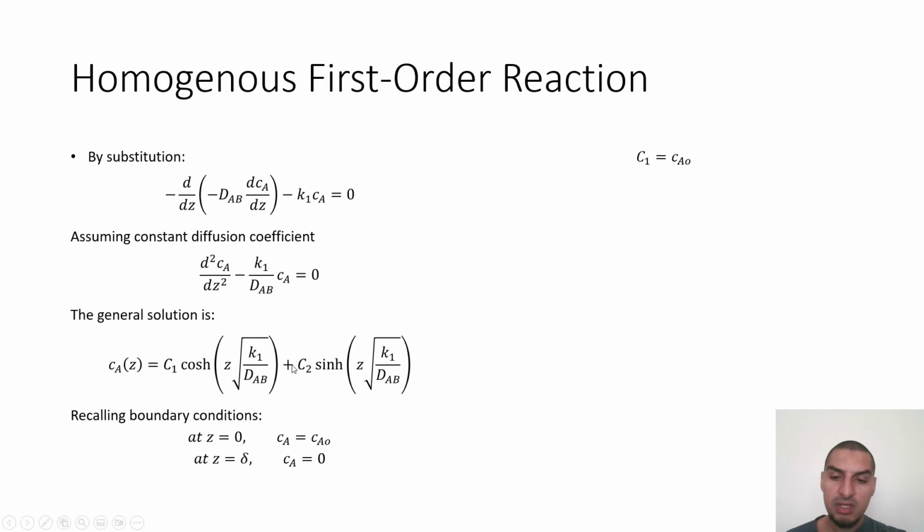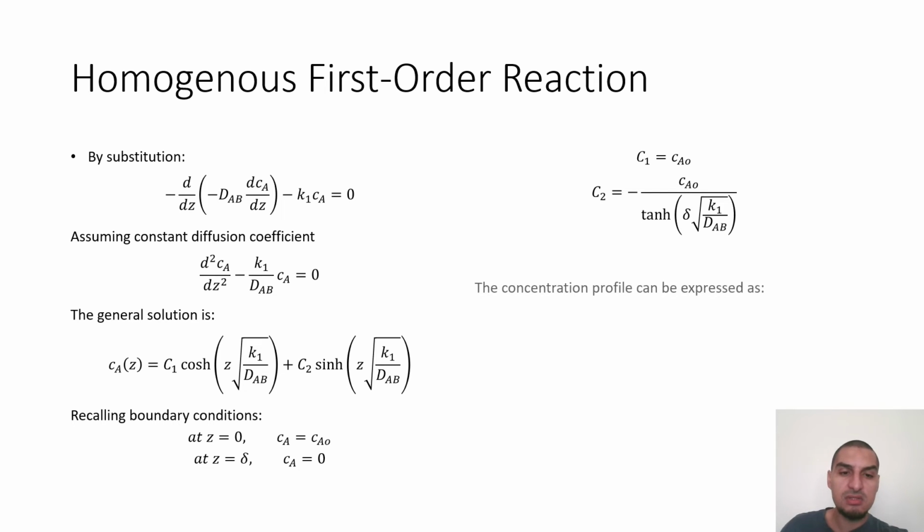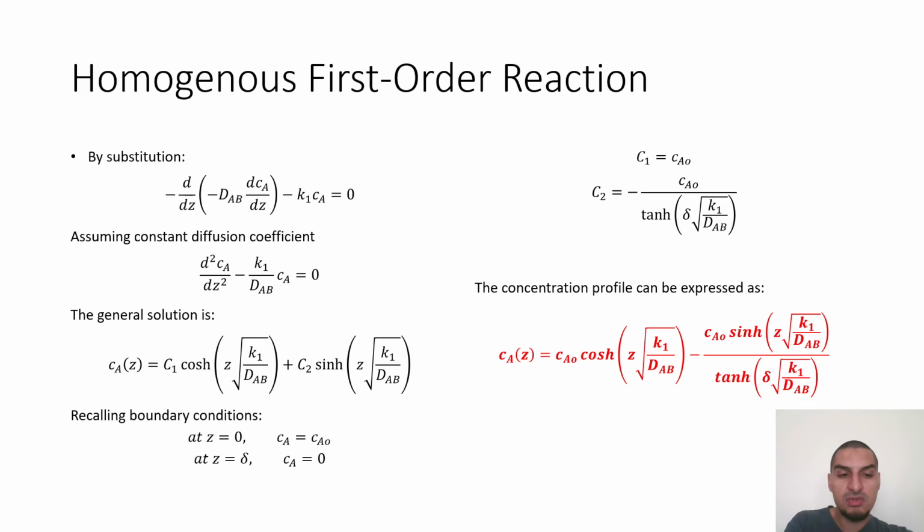So you can get C2 as a function of cosine over sine with a negative sign. So this is going to be the shape of C2. And of course, this is tangent of delta square root k over D. So this is a constant. All of these arguments are constant, so this whole thing is constant. So you can substitute C1 and C2 in this equation, and this is going to be the concentration profile.